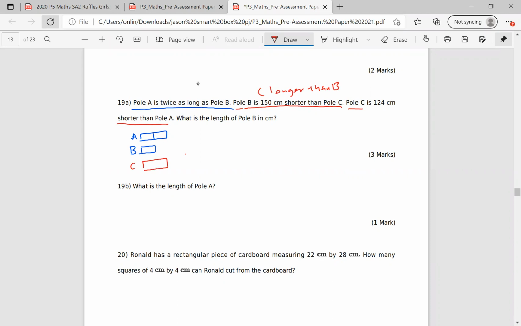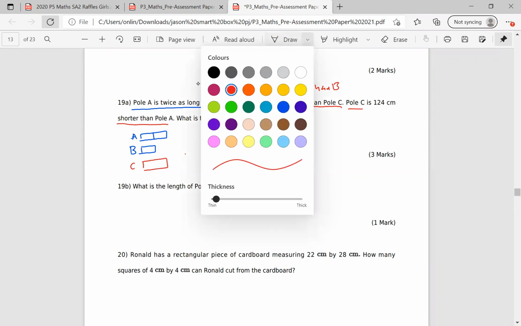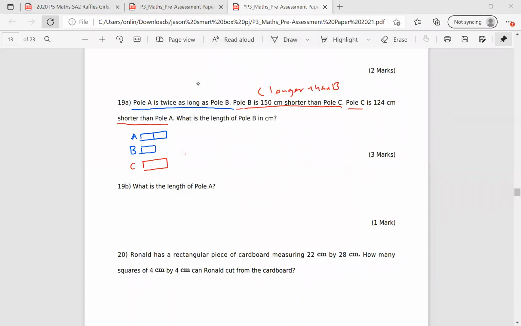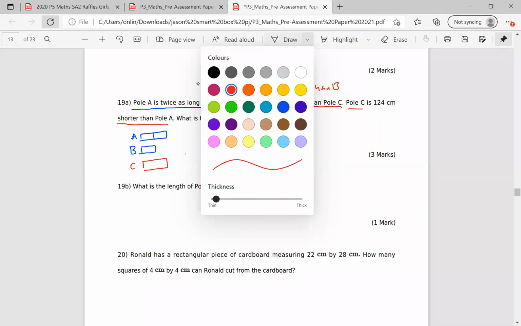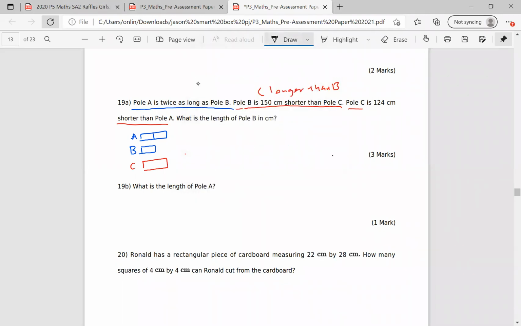So using the information that we just got here, I need to find how to cut and how to indicate the numbers in, because we are given two numbers, which are 150 and 124. For all our models, the number is the key for us to start.